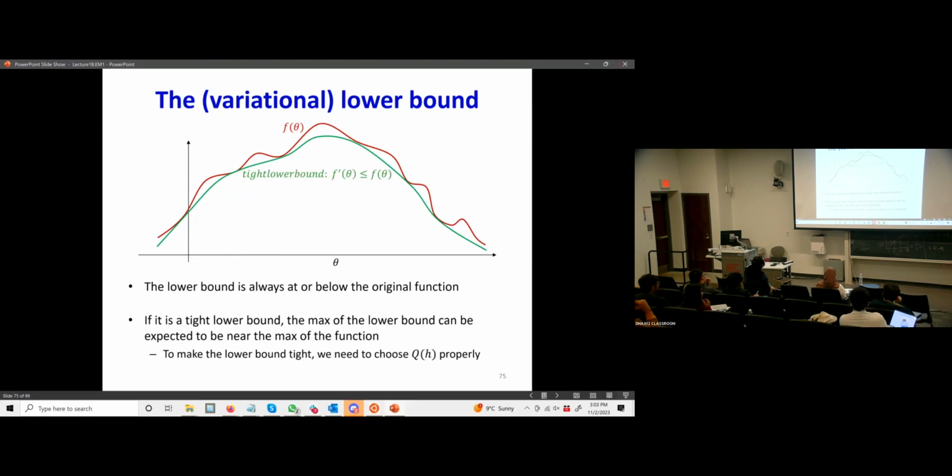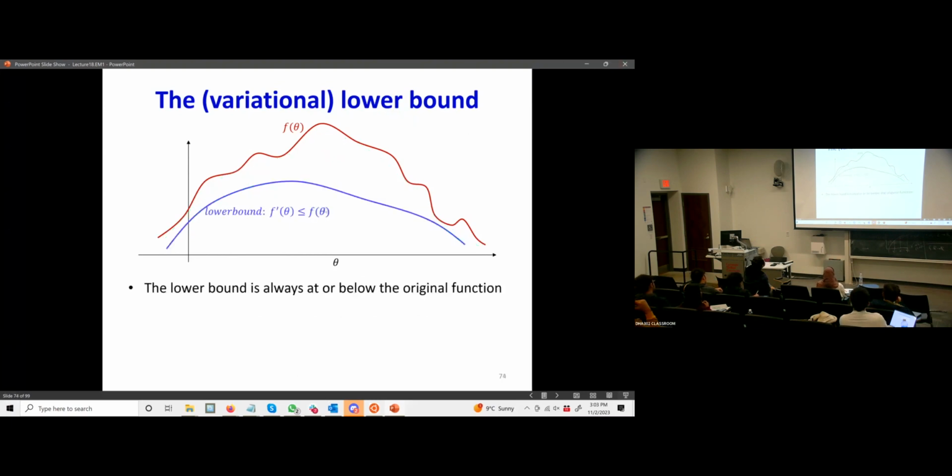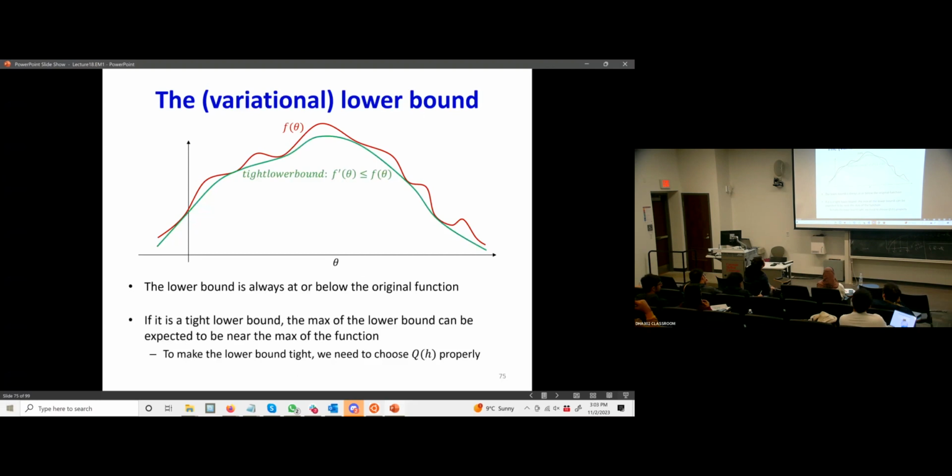I can choose my Q of H such that the gap between the red and the blue curves is as small as possible. And with an appropriate choice of Q of H, I'm going to get a lower bound of this kind. And the assumption is that if I get a sufficiently tight lower bound and I maximize it, it's going to be pretty close to the maximum of log of P of O itself. Again, everybody with me so far? Okay.